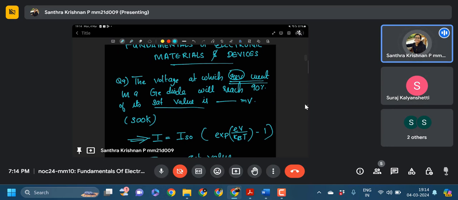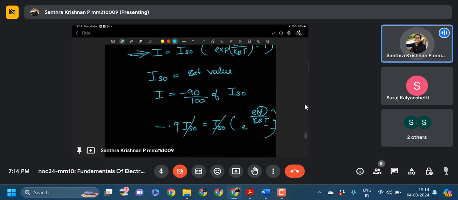So that is the reverse biased one, so we have to put a minus sign. And if the question was in forward bias, we would put a plus sign, 0.9. So if you solve this, you will get the value.